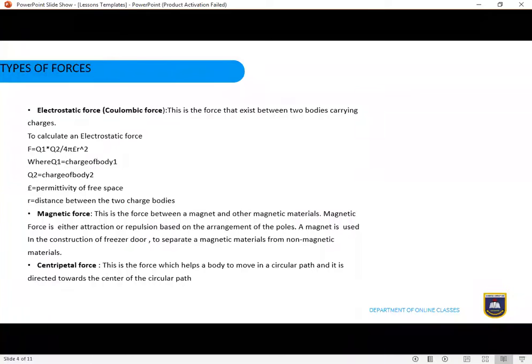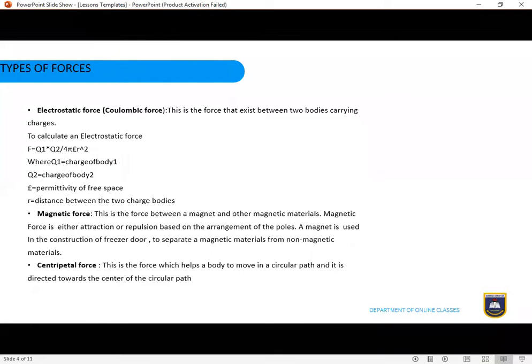They'll repel if you bring two like poles together, a north pole near a north pole, or a south pole near a south pole. So it must always be unlike poles being brought together for attraction to occur.